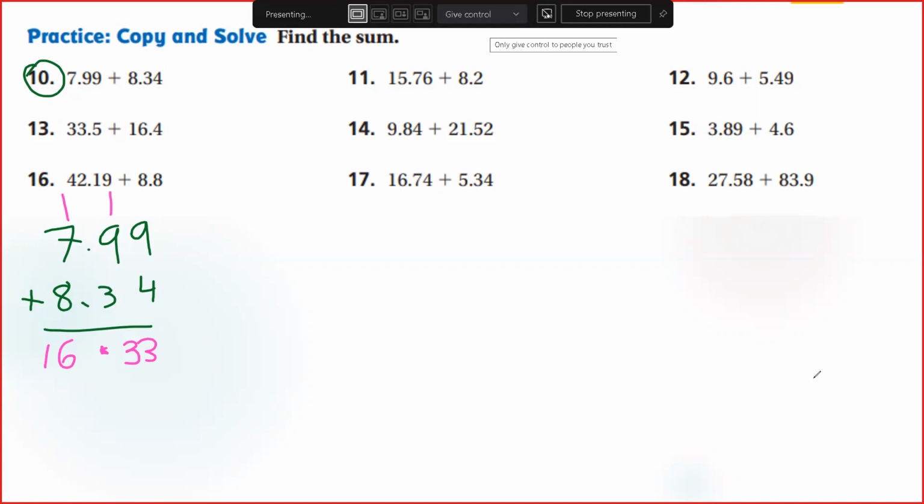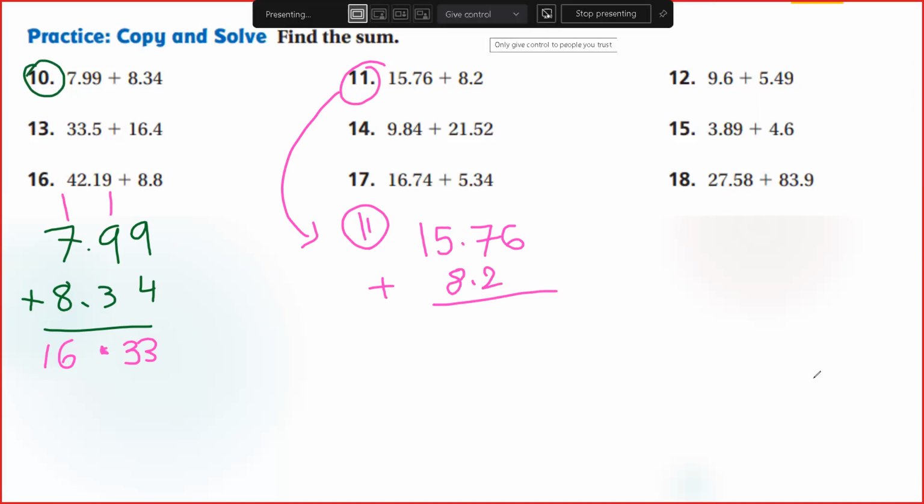Yes, teacher. Yes, Muna. I want you to solve number 11. Bravo.